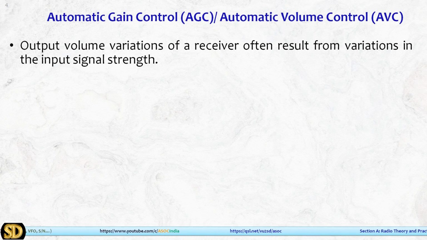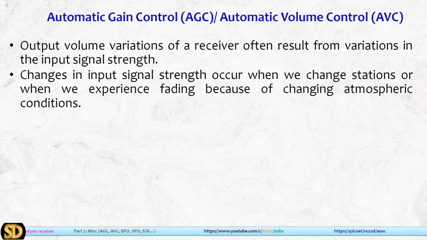Try to remember, the output volume variation of a receiver, may be radio or TV, often results from variation in the input signal strength. The signal may vary and the resulting output signal also varies. These changes in input signal strength occur when we change stations or when we experience fading because of changing atmospheric conditions.